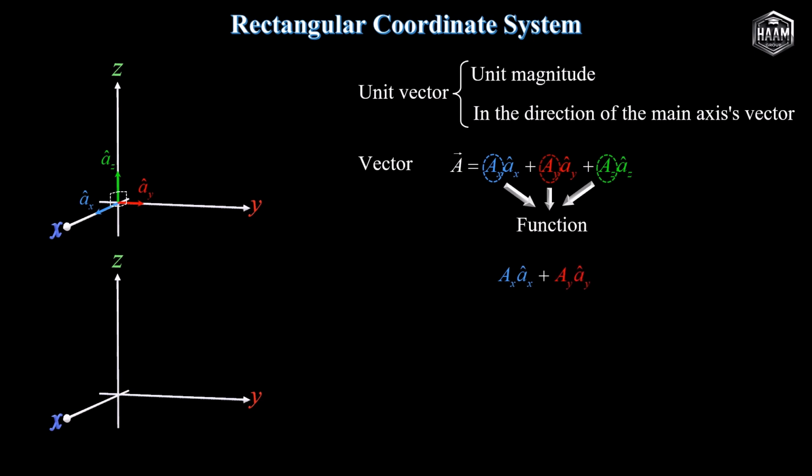We proceed by marking off a length equal to a sub x along the x-axis in the direction of a hat sub x. Then from the end of that segment we move a distance a sub y in the direction of a hat sub y. Here these are assumed positive for ease of illustration.